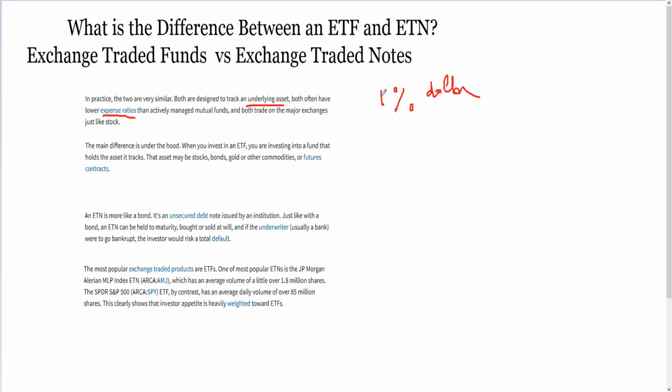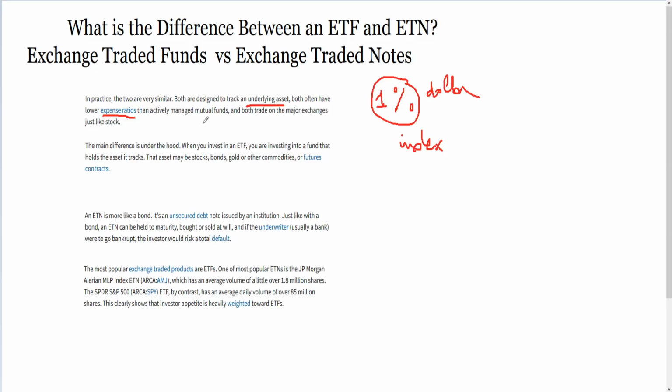It means 1% of the fund is taken by the exchange traded note company or the exchange traded fund company. It's just money that is taken from the fund, so the price of the fund will go down slightly compared to the index that it tracks or something else.